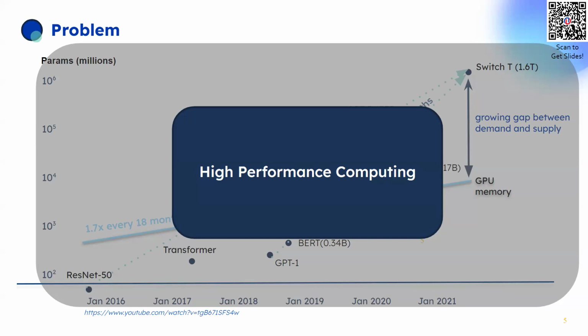For high performance computing, basically, we want to do whatever possible to make the GPUs or CPUs or TPUs or NPUs faster, more efficient, and also hopefully cheaper.